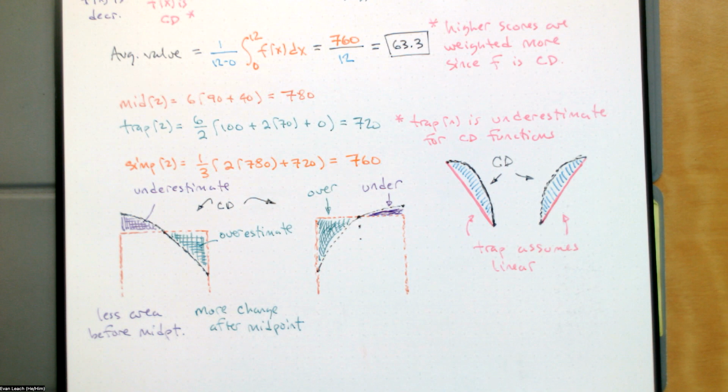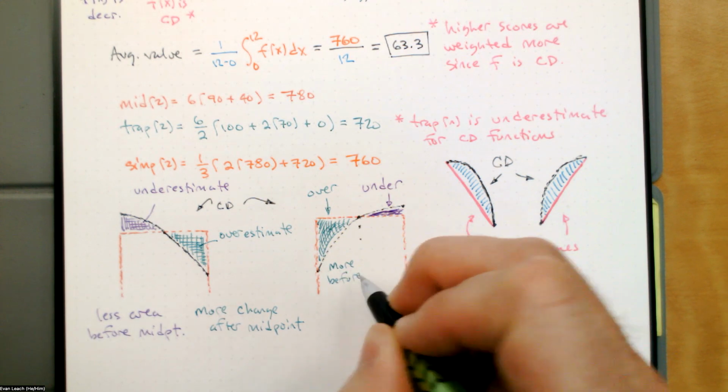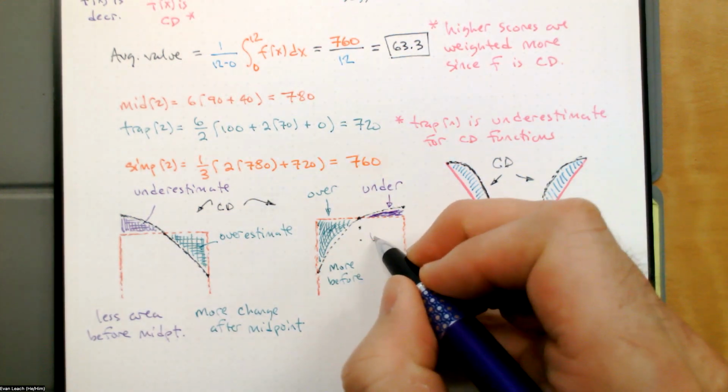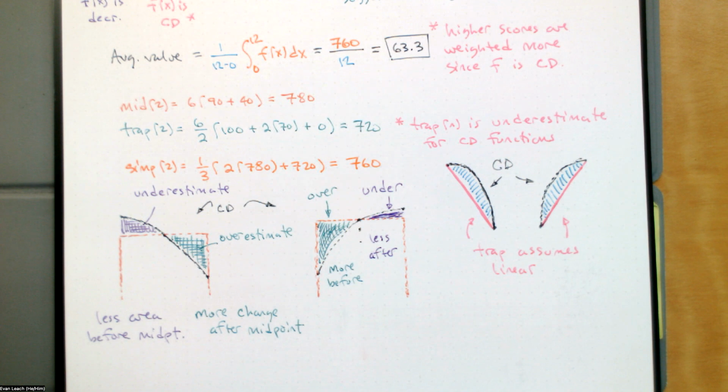In this case, we see more area before the midpoint, less area after the midpoint. What we really want to be looking at is the over and the under. Any questions?